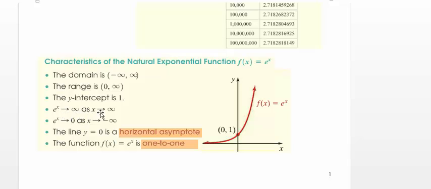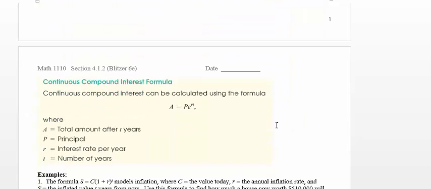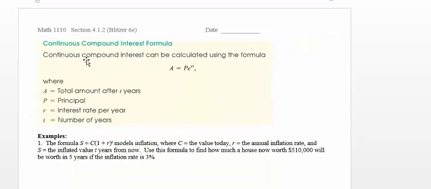So the natural exponential function is f of x equals e to the x. So now e, which is approximately 2.718, is the base of my natural exponential function, whose domain is still all the real numbers. The range is all positive real numbers.